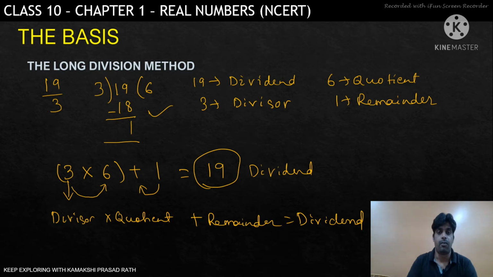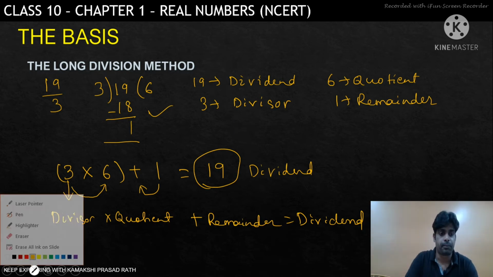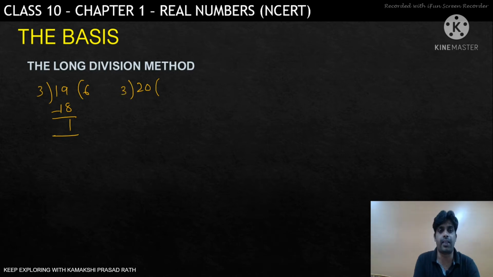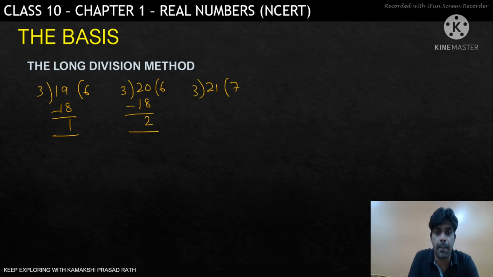Now, one more thing about division. For example, we divide some numbers by 3. 3 sixes are 18, we get 1 as the remainder. Suppose we divide 20 by 3, same thing, 3 sixes are 18, the remainder is 2. If we divide 21 by 3, 3 sevens are 21, the remainder is 0.